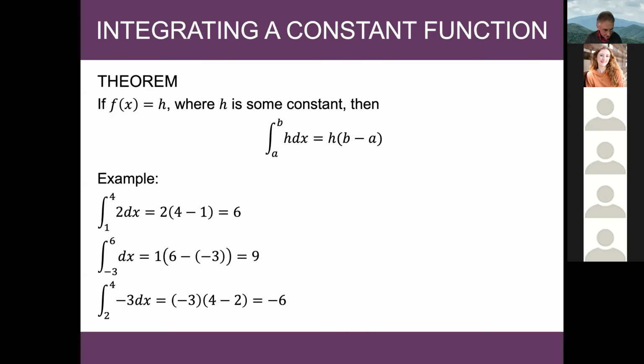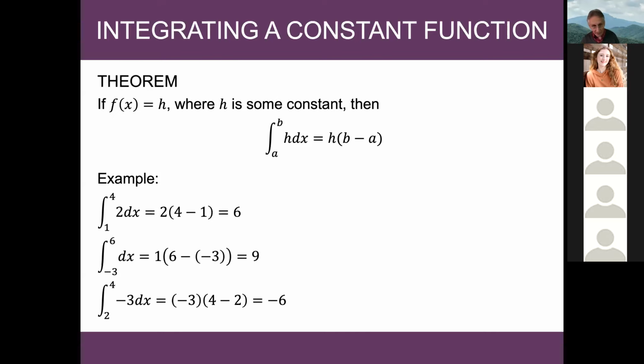The one they give there, the bottom one, is 1 to 4. But let's look at this. This is a constant, and they're saying if you're going from a to b, some interval that you're integrating over, remember what this is. This is area under the curve. h is a constant. Therefore, it's a horizontal line between a and b, all right?